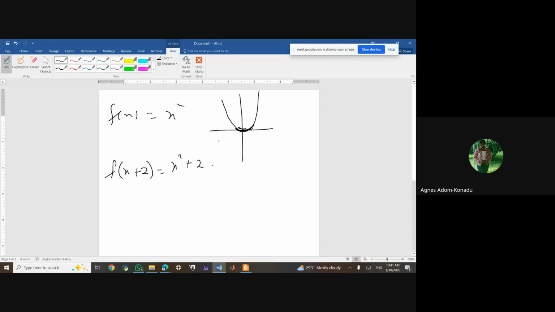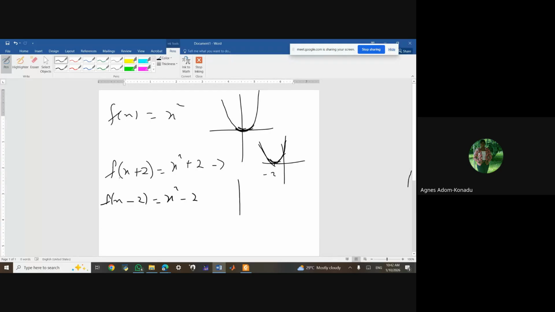So it means that the graph of this function will be, so I have 2 here. So it now has this. So it is 2 units to the left. So the turning point will shift from 0 to negative 2. If I have f of x minus 2, this is x squared minus 2.